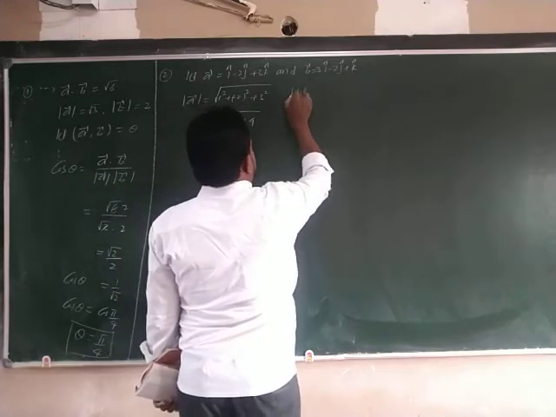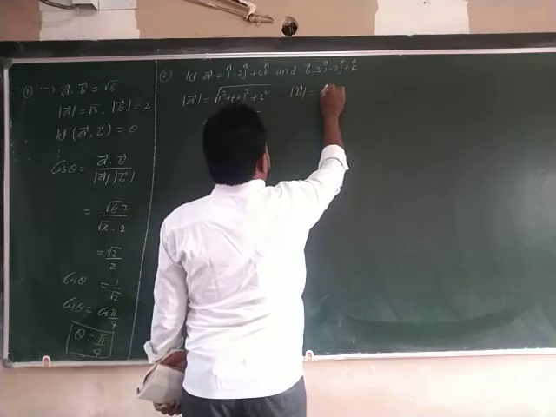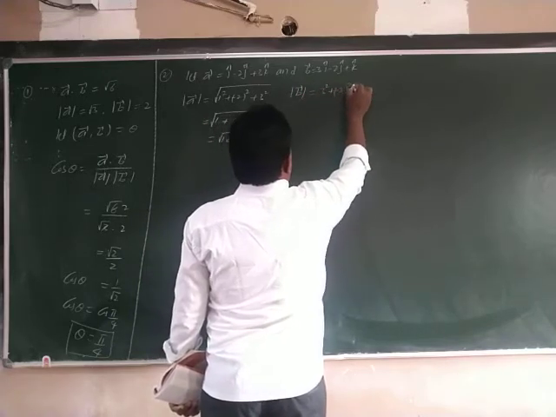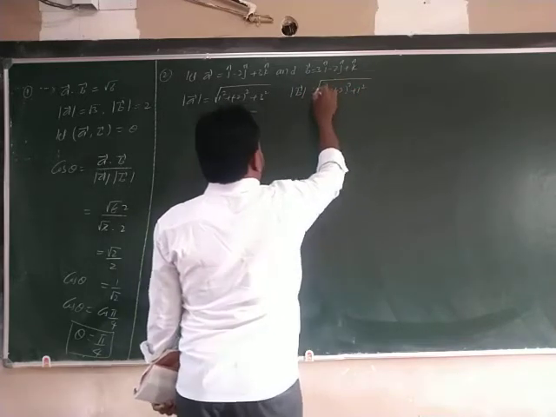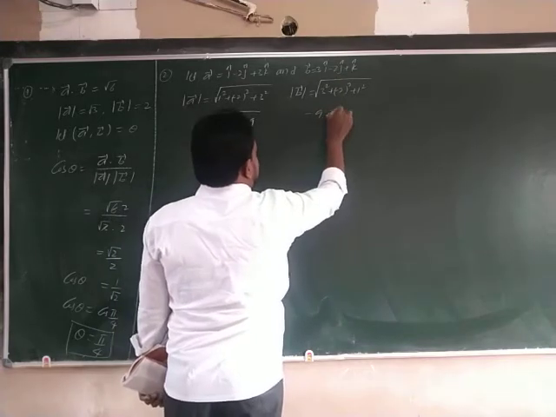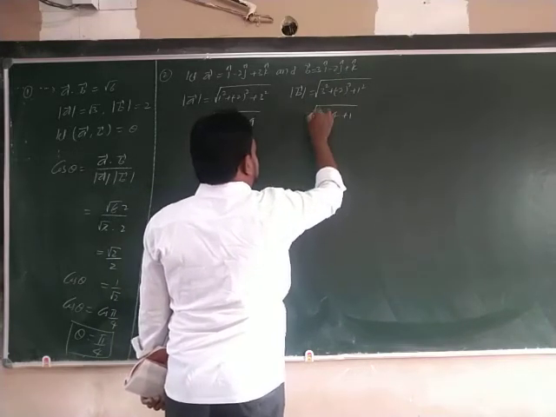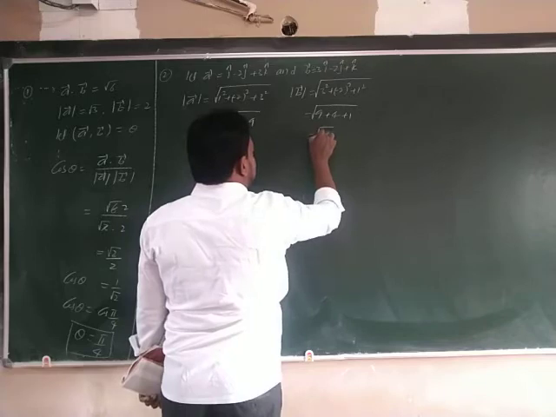Here the magnitude of B is the square root of 3 square plus minus 2 whole square plus 1 square. This is the square root of 9 plus 4 plus 1, which is equal to root 14.